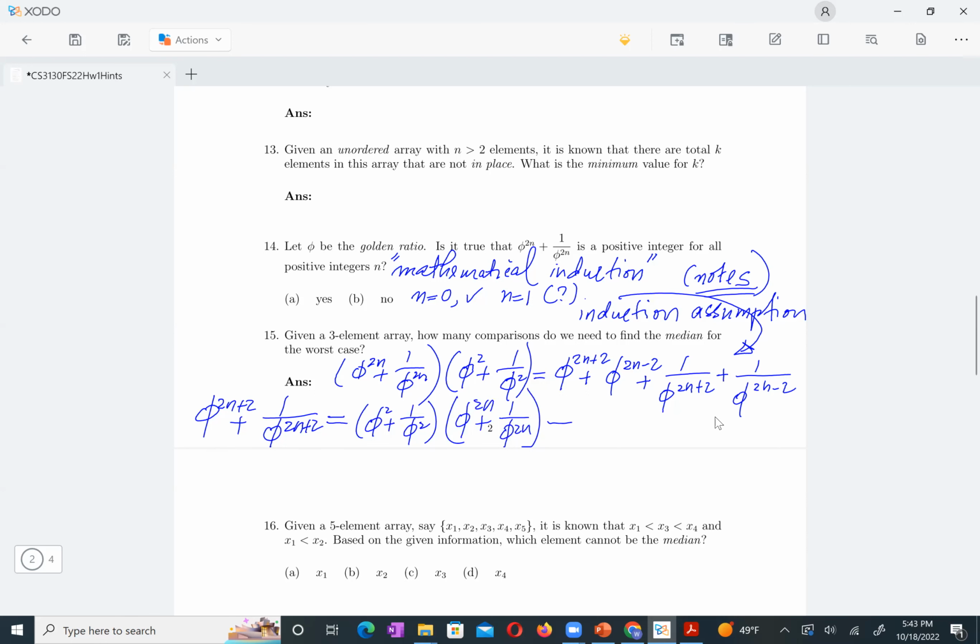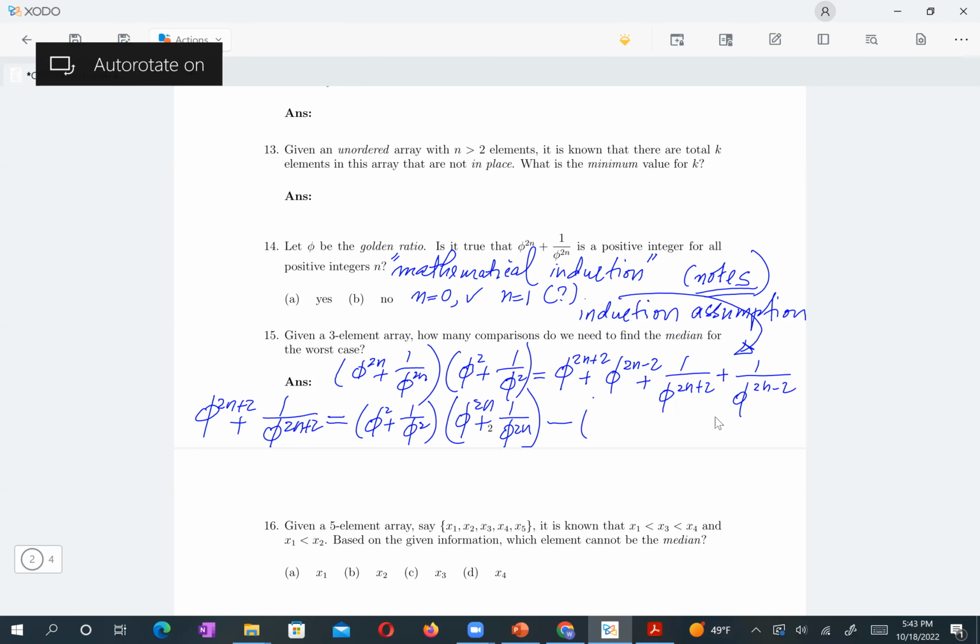Integral term first. Let me write this better.